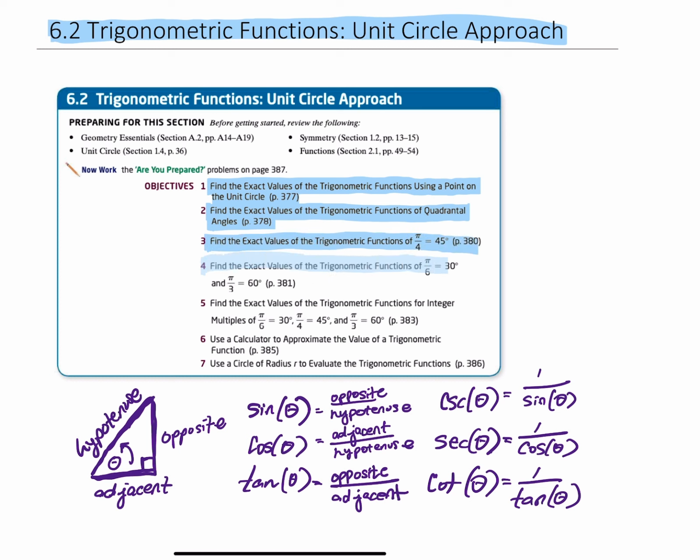We did the same thing for pi over 6 and pi over 3. And we went around the unit circle, used some patterns to find all of our remaining points. You can practice using a calculator, plugging things in, and then we expanded beyond a circle of radius 1. So just use that triangle method to solve for something with a larger radius.